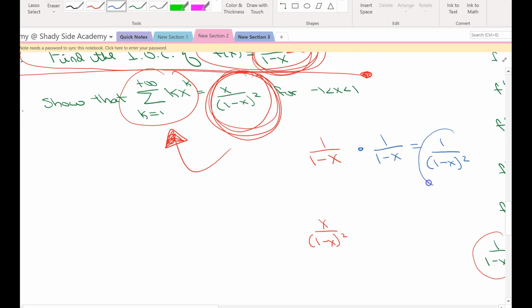So if I generate the Maclaurin for this first by multiplying the two Maclaurins for these two, that will get me halfway there. Once I have the Maclaurin for this series, I want to get to here. That's where I would say, okay, let's take the Maclaurin of 1 over 1 minus x squared and do this to it. Multiply each term by x.